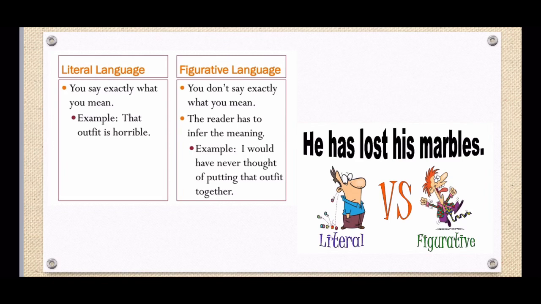So, for example, I would have never thought of putting that outfit together, right? And here's a very common example. When someone says he has lost his marbles, the literal one could mean that he literally lost his marbles, it fell out of his pocket. Or the figurative version can be he went a little bit crazy, right, in the picture.